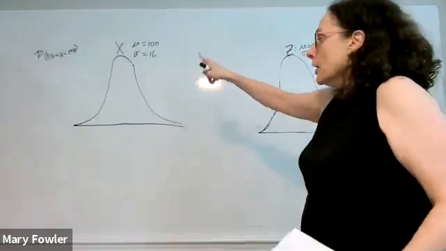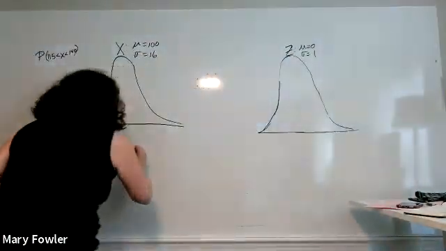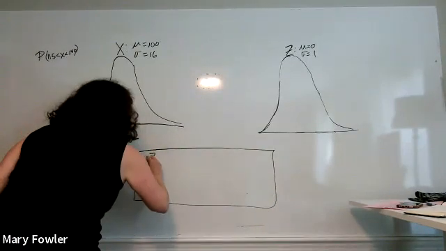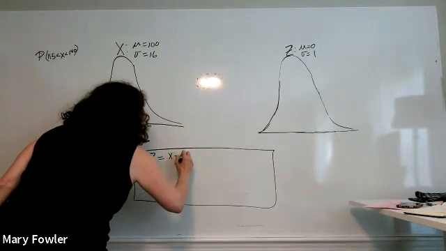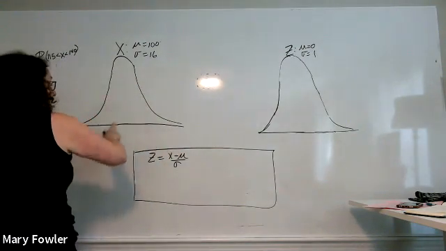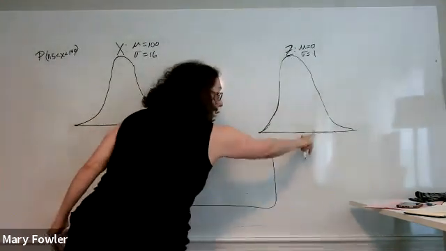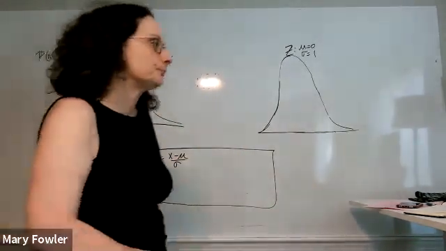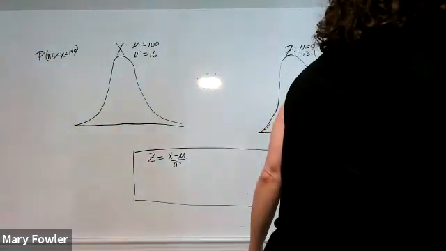In the middle we have z equals x minus mu over sigma, which is what we use when we're given an x score and have to take it over to the z scores.